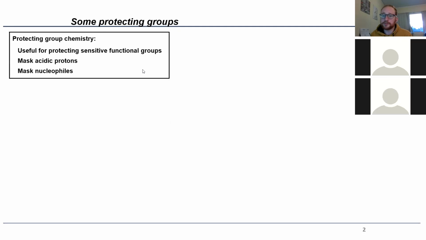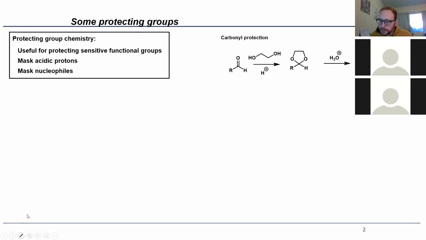The first protecting groups we talked about were the carbonyl protection. And this is pretty straightforward. The go-to way we have for doing this is to take our aldehyde, which we know aldehydes are electrophiles. So if we don't want our aldehyde to be an electrophile, we can protect it using ethylene glycol and an acid catalyst.